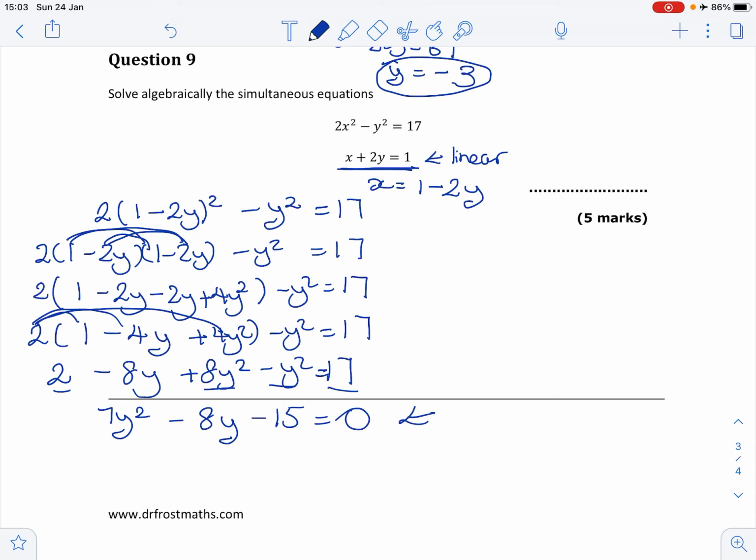So on here, you can either use your quadratic formula, which is minus b plus minus the square root of b squared minus 4ac over 2a, or you can factorize to find your two values for y.